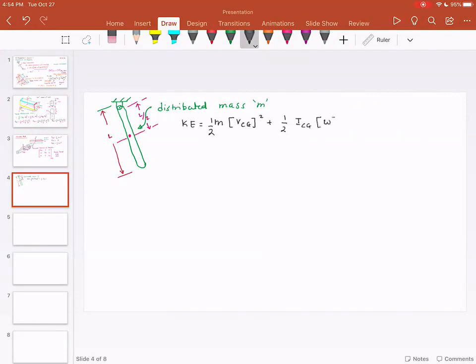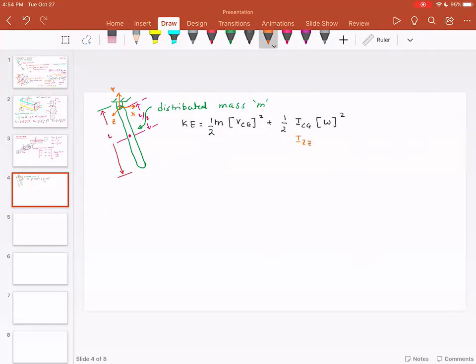multiplied by omega square. Now, if you look at the axes, I can set up the axes like this. This is my x-axis, this is my y-axis, and the z-axis is coming out. So to be very precise, this is actually my IZZ.